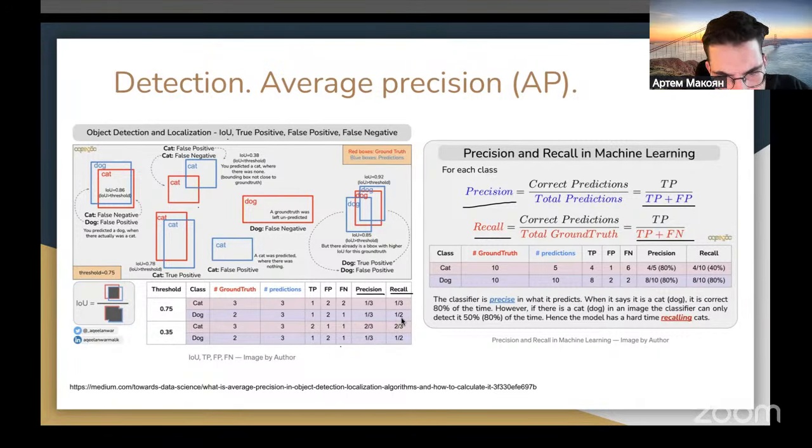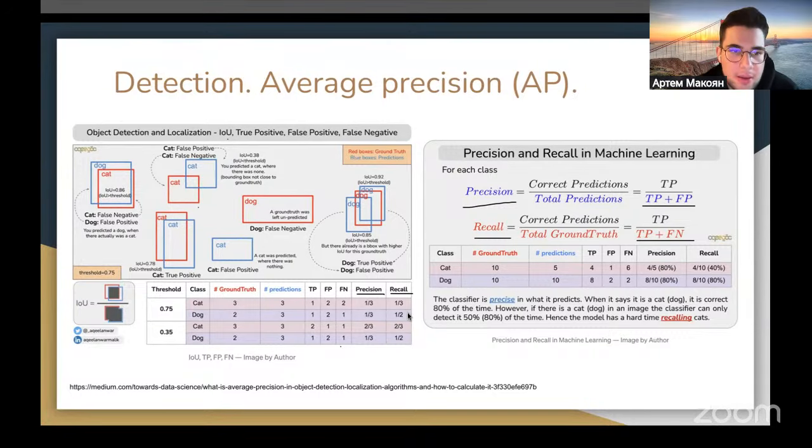Well, in fact, you can check that true positive, false positive, and false negative are different. It's okay, because you can see, for example, for this threshold, 1 divided by 3, and for this 2 divided by 3, they're different. But for dogs, they're the same.